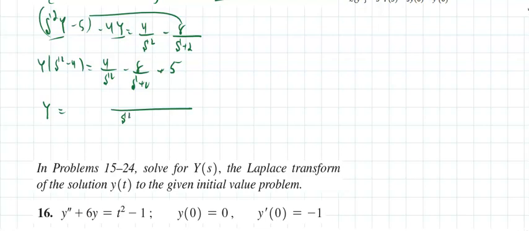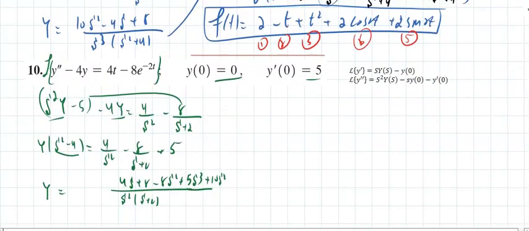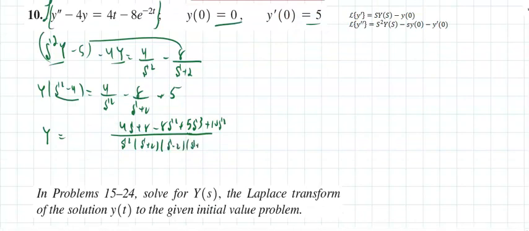If I get a common denominator, that will be 4s plus 8 minus 8s squared plus 5s squared times s, 5s cubed, and 5s squared times 2 is 10s squared, and if you divide by this, is that a minus 4? That was a minus 4. So this is going to be times (s minus 2)(s plus 2).